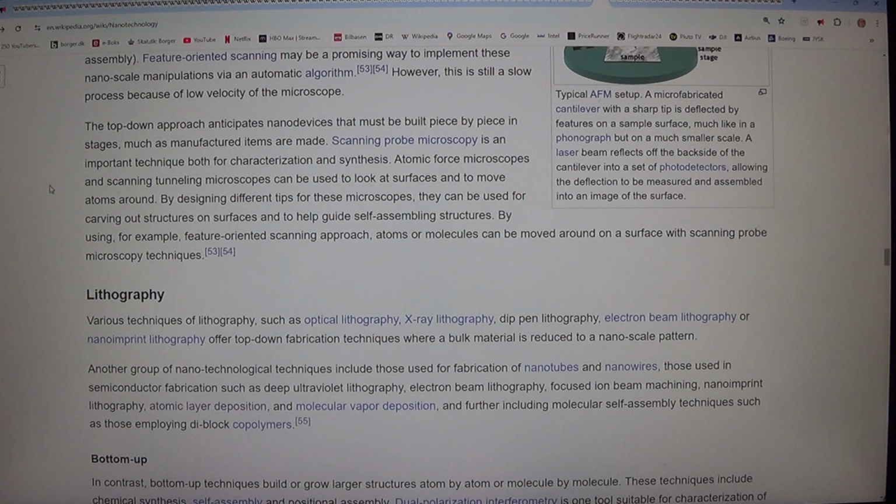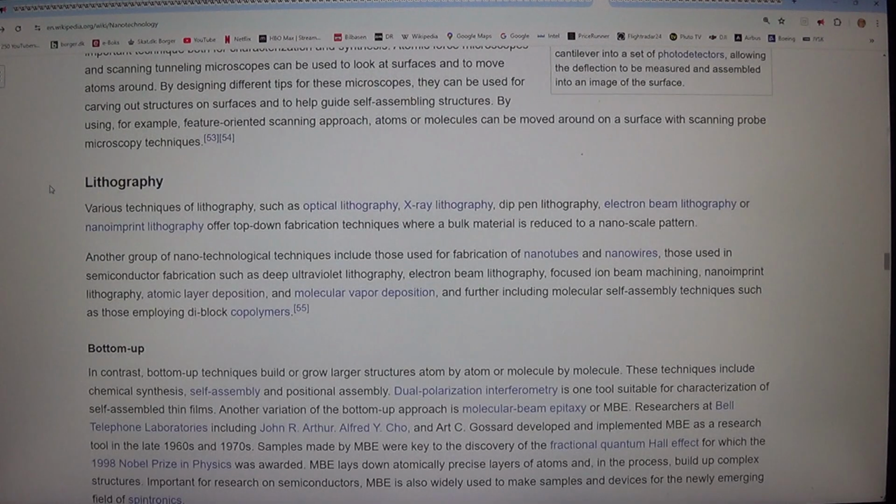Lithography. Various techniques of lithography, such as optical lithography, X-ray lithography, dip pen lithography, electron beam lithography or nanoimprint lithography, offer top-down fabrication techniques where a bulk material is reduced to a nanoscale pattern.